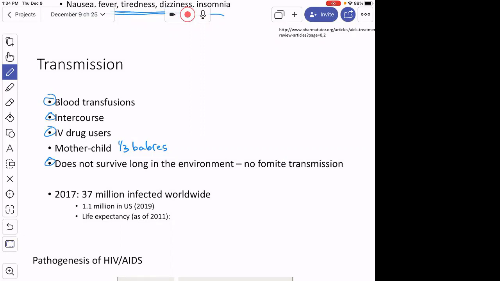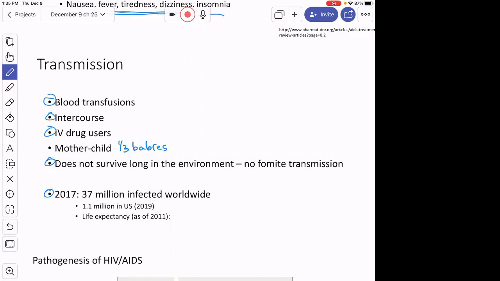Numbers, this was the latest numbers that I could find. Still, 37 million people worldwide with HIV, about 1 million in the US as of 2019. Sub-Saharan Africa has really been decimated by this. About 5% of sub-Saharan Africa people are HIV positive, and there are pockets where it's more like 30%.